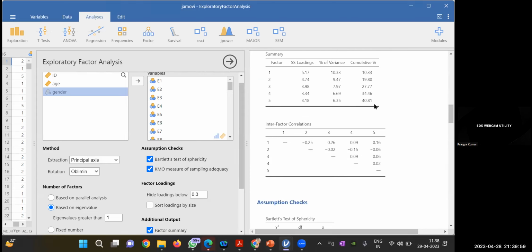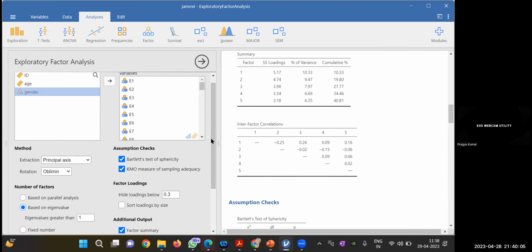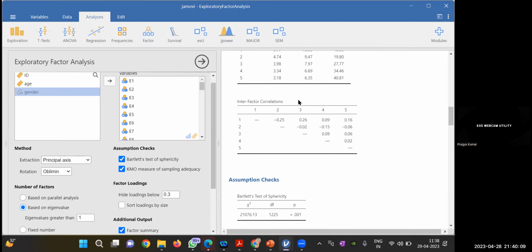So this is not a good variation. It should have been more. Coming again to the inter-factor correlation, I'll have to explain 2 concepts here, which is the construct validity.